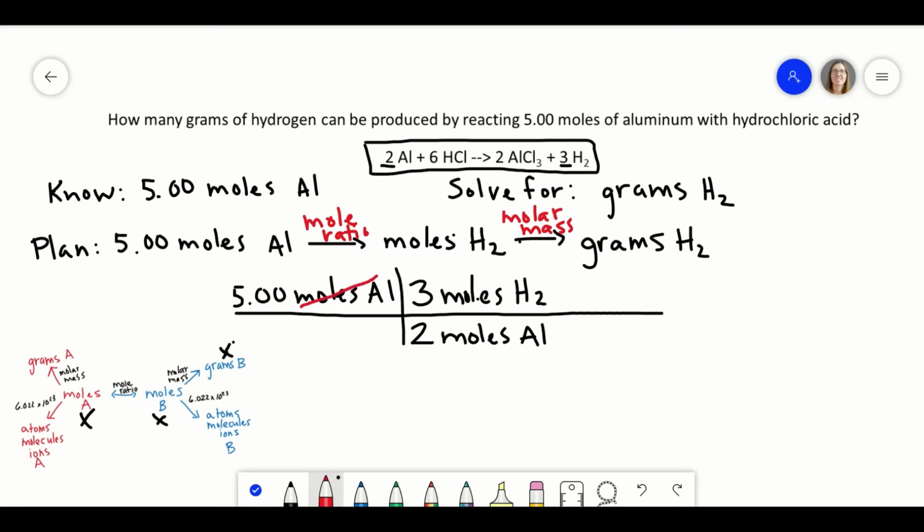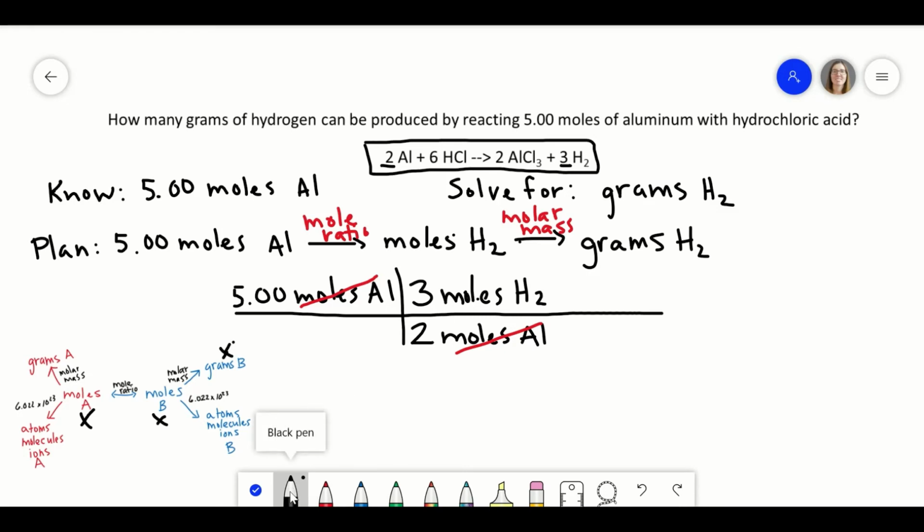So right now, the unit moles of aluminum has canceled out. Okay, it's because moles of aluminum is on top to start out, and then we're multiplying it by a conversion factor where moles of aluminum is on the bottom or in the denominator. So right now at this point, we're in units of moles of H2.